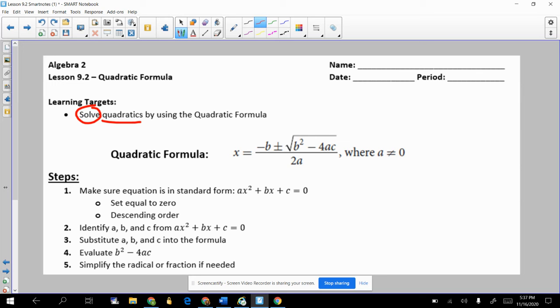And then all you really need to do is substitute those values in where they belong in this formula. So you're just going to plug them in. And then you'll want to evaluate this part under the radical first, this b squared minus 4ac. And then you'll simplify the radical or the fraction if needed, and then you are done.